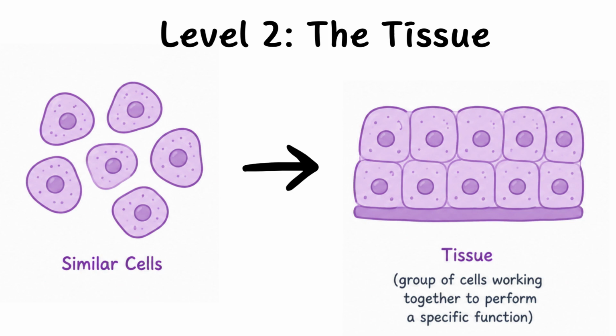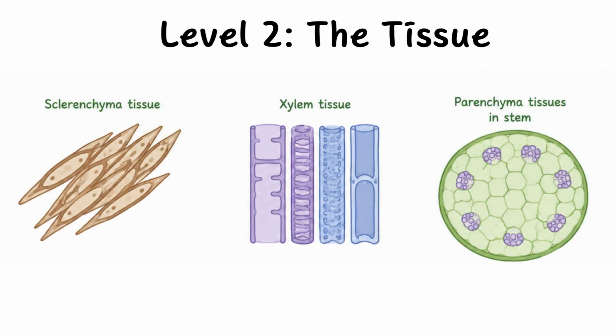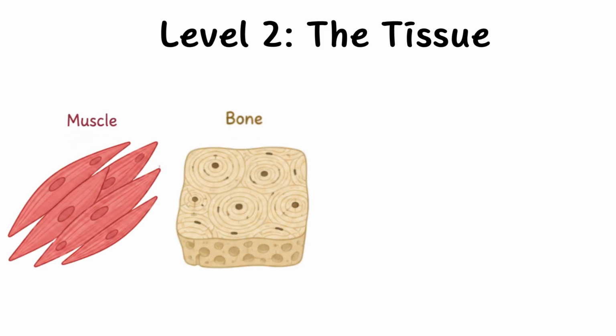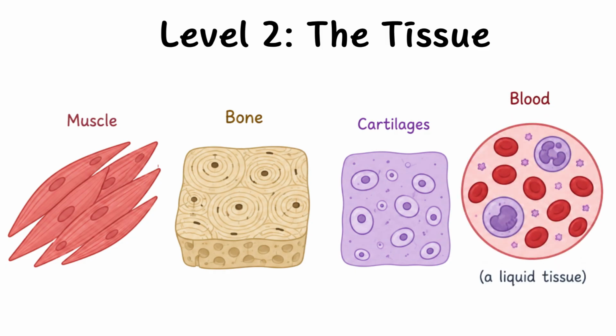In higher plants, we have examples of tissues like the mesophyll layer in leaves, the epidermal tissue, the sclerenchyma tissue, the xylem tissue, and the parenchyma tissues in the stem. Examples of tissues in animals include the muscle tissue, bone tissue, cartilages, and blood. Yes, blood is a tissue, a liquid tissue.